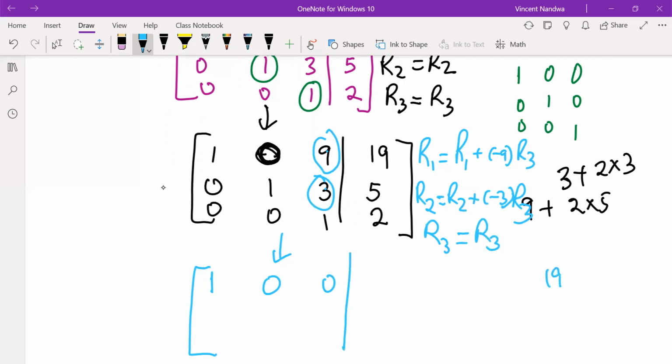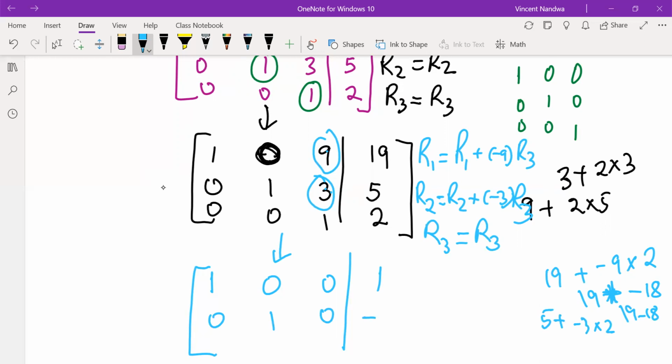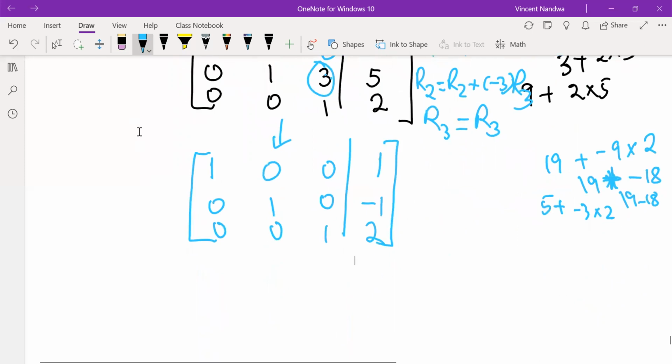Now 19 plus minus 9 times 2 is 19 minus 18, which is 1. So I get this position to be 1. Then 3 plus minus 3 times 1 is 0. Now 5 plus minus 3 times 2 is 5 minus 6, which is minus 1. And then here I have 0, 0, 1, 2. So this is the reduced row echelon form.